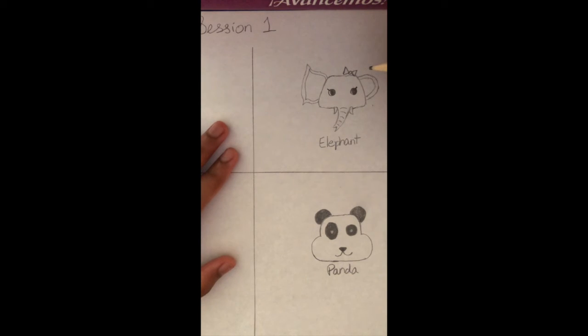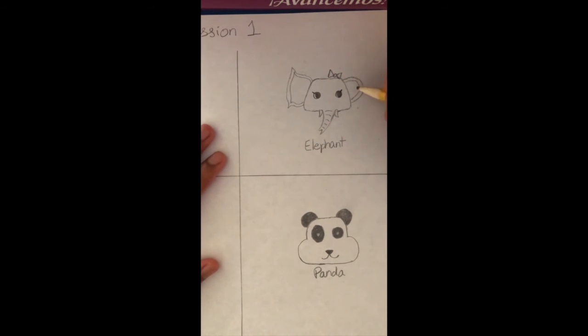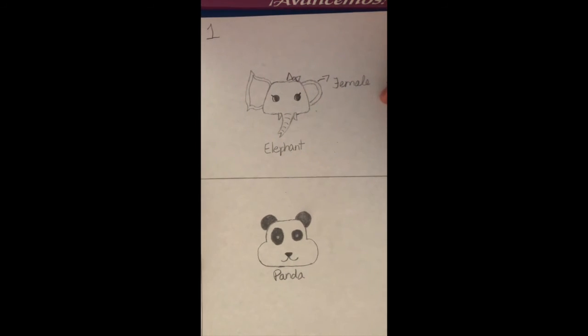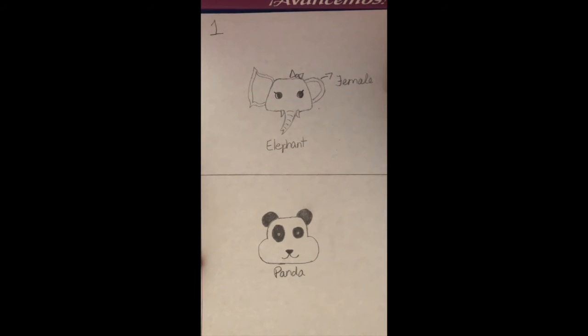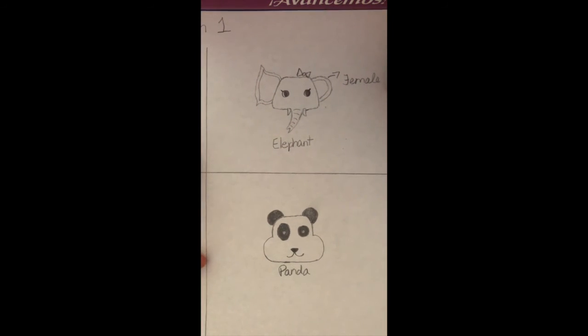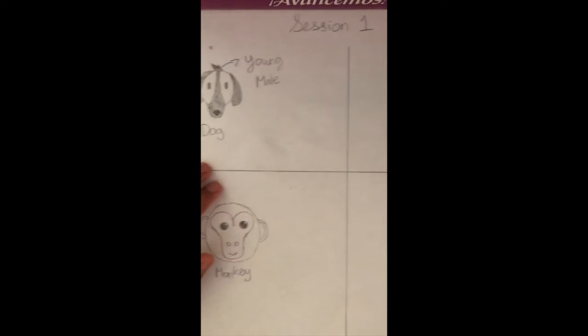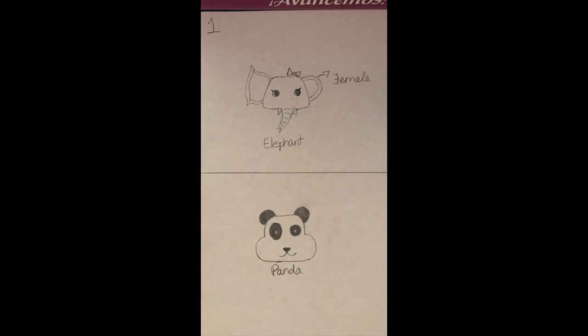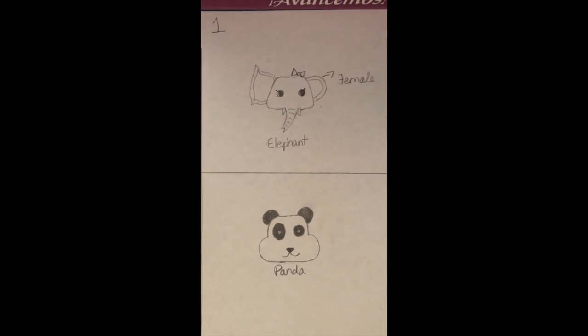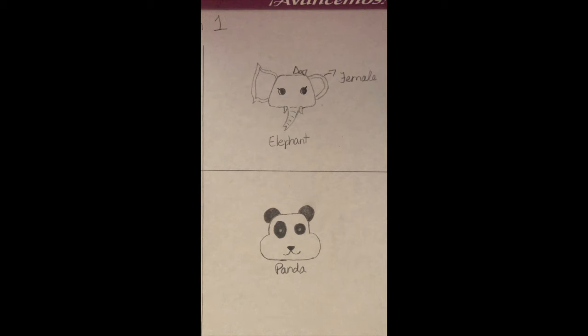Can men not wear bows? They can if they choose to, right? But this is just an indication that this elephant is female. Maybe you want a female elephant character, I don't know. So these are two ways you can visually express that the character is male or female without actually having to narrate it or say it.